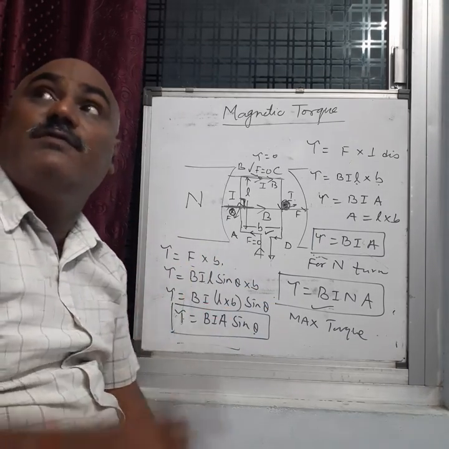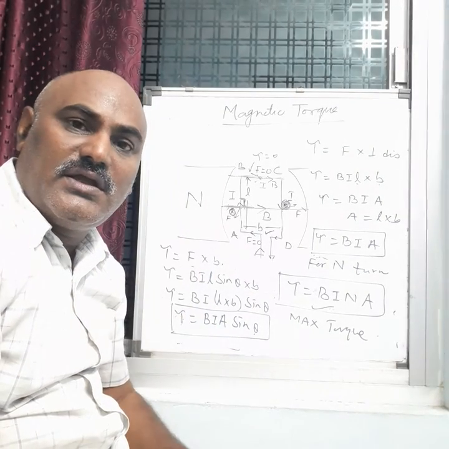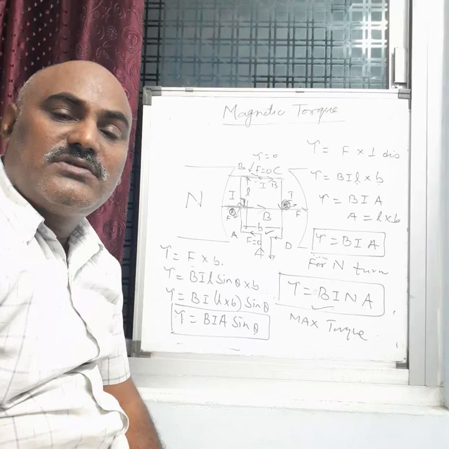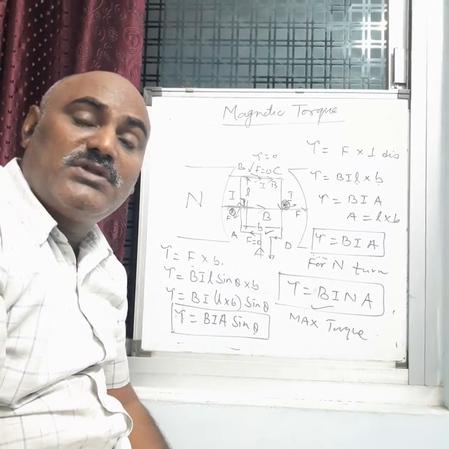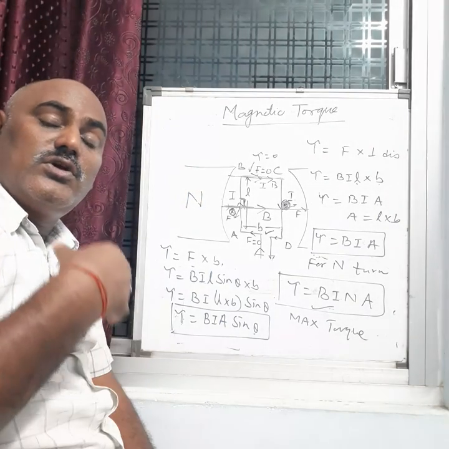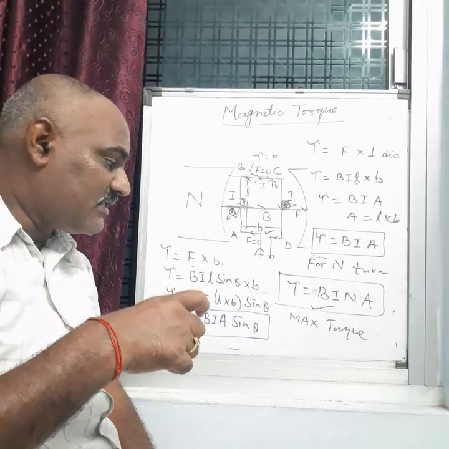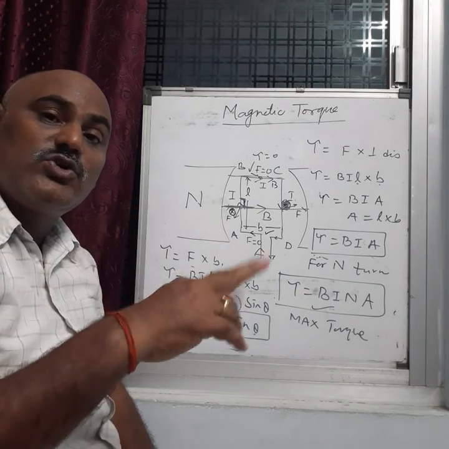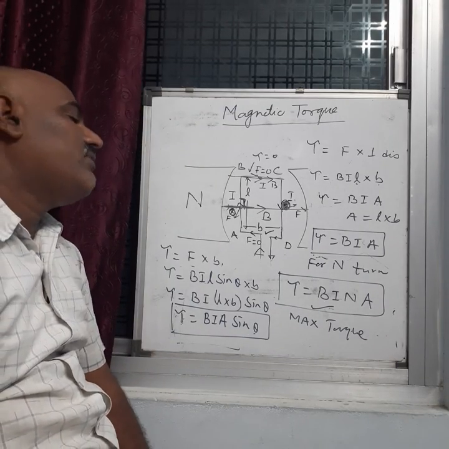For example, if your fan has 800 turns of wiring, its speed will be less than if the number of turns is 1200. So the number of turns increases the magnetic torque, and magnetic torque increases the speed of the device. So this concept I have given to you.